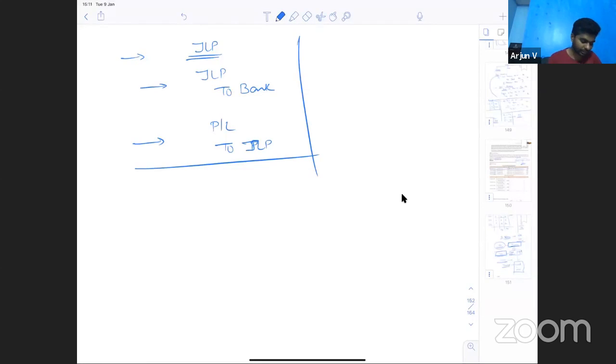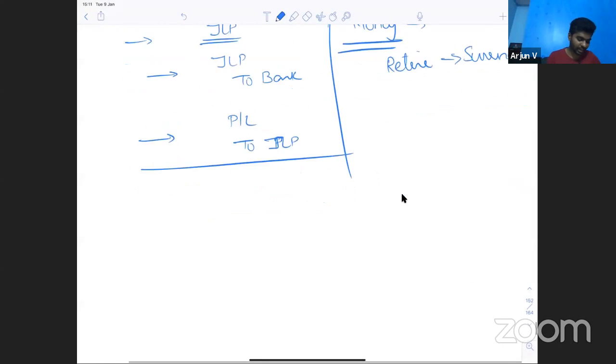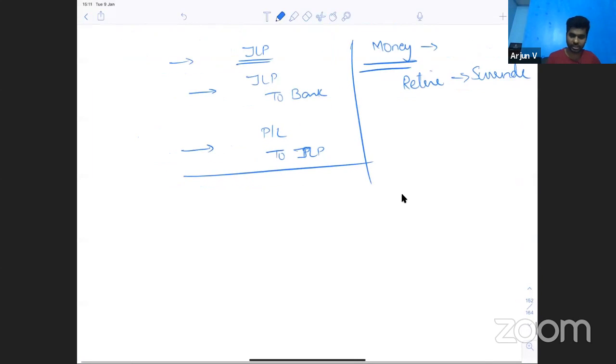When you get the money on retirement, remember this, money on retirement will be surrender value, or during the year of surrender you will be passing a journal entry. What is the journal entry you will be passing on is this.